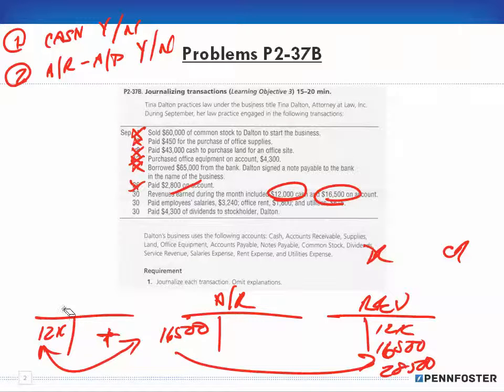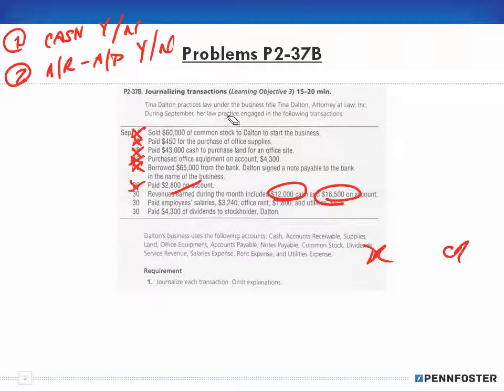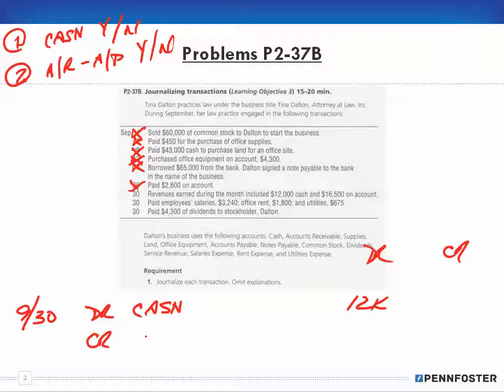So that's using a T account, and if it was a really, really complicated transaction, every accountant will use T accounts in order to be able to figure things out, and they do it on the side. And then they'd come back into their journal and they'd make their journal entry. Here I'm going to debit my cash for the 12,000, and I'm going to debit my accounts receivable for 16,500, and of course, I'm going to credit my service revenue.